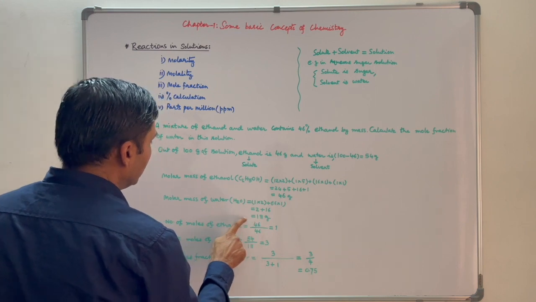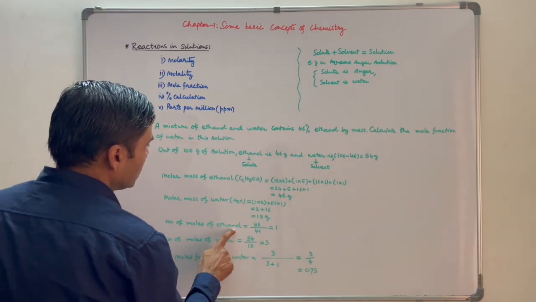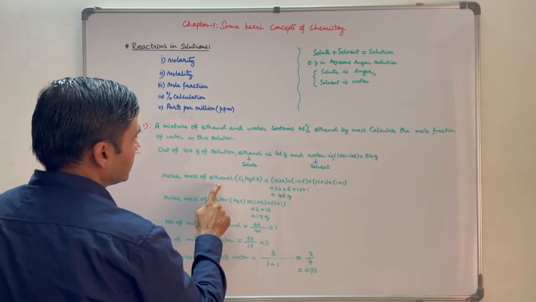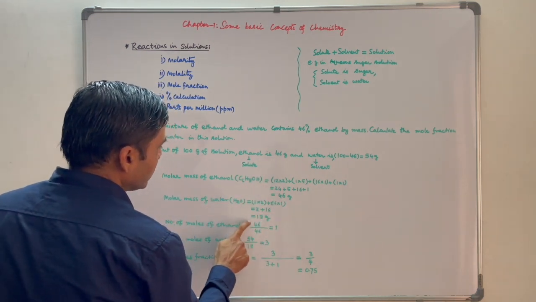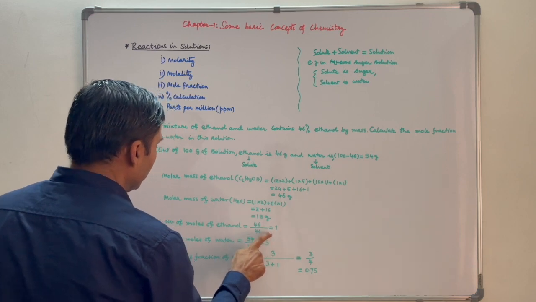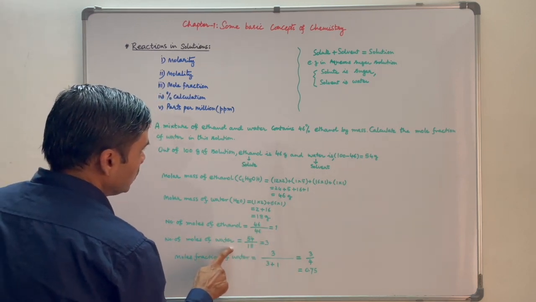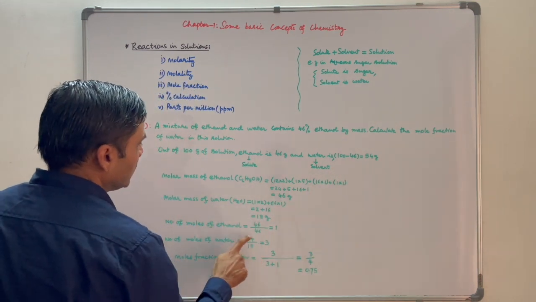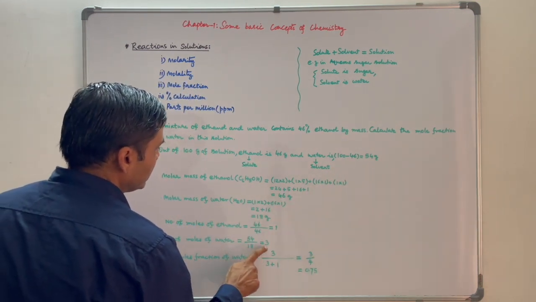Similarly, molar mass of water H2O is equal to 1 into 2 plus 16 into 1, that comes out to be 18 gram. So number of moles of ethanol is equal to mass of ethanol 46 gram upon its molar mass, that is 46. So 46 upon 46 is 1. And number of moles of water is equal to mass of water upon molar mass of water, that is 54 upon 18, that is 3.